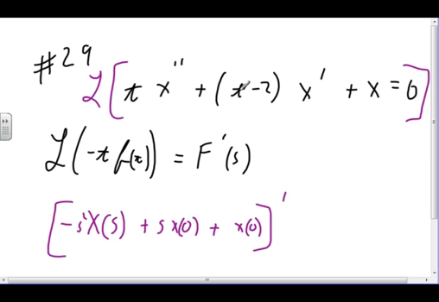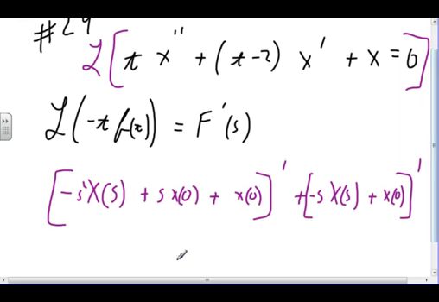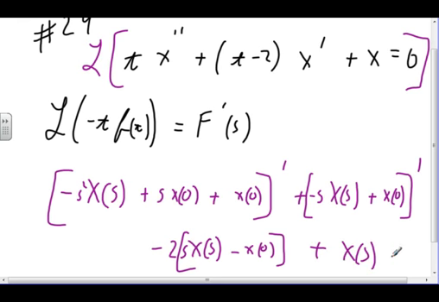Okay, and then I want this guy, so that's going to be minus s, well, we'll go plus, a minus s x of s, plus x prime at 0, the derivative, minus 2 x s x of s minus x at 0 plus x of s is equal to 0.